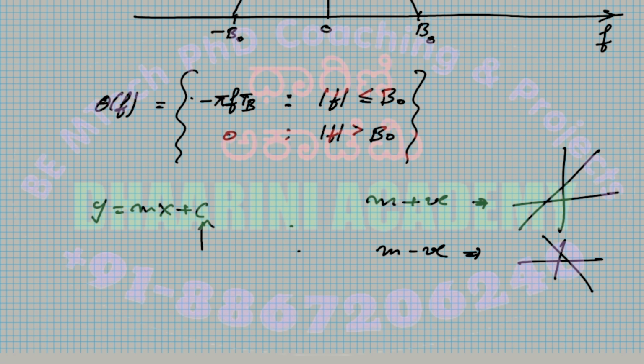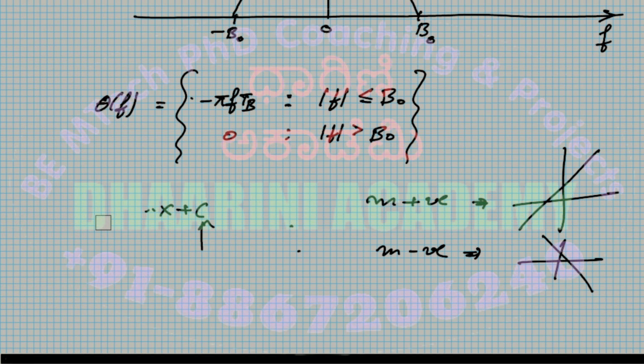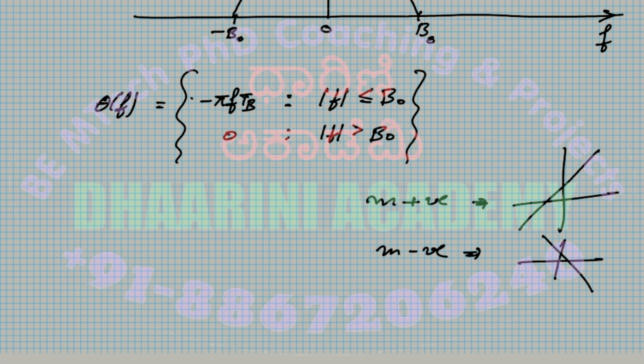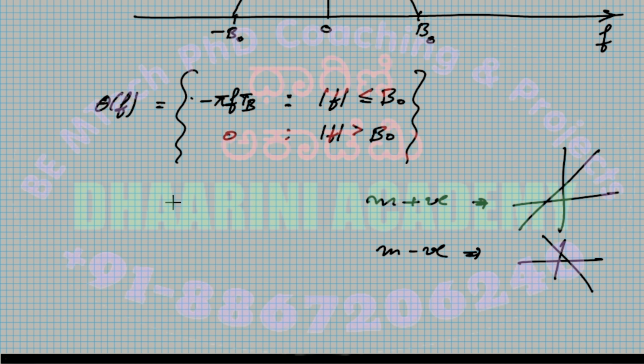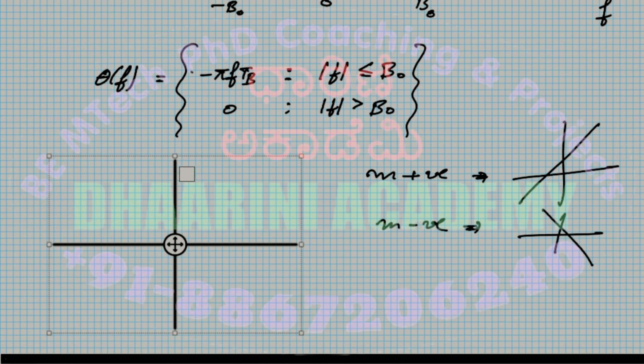All right, so let's try to plot this directly. Just to identify the characteristic of what we are trying to plot, I took this much time. So let's directly plot. This particular graph is for theta of f.